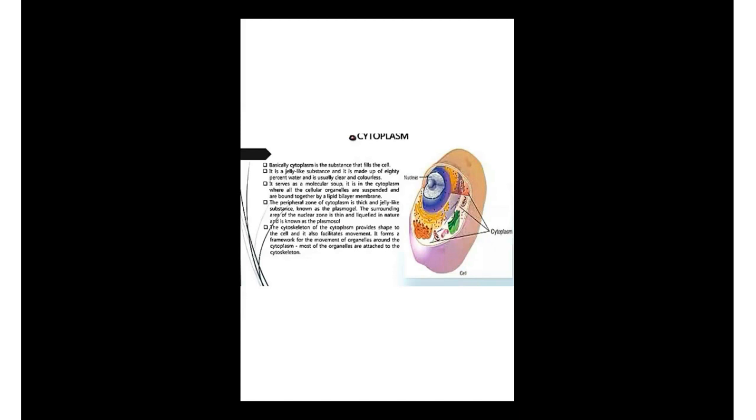In that jelly-like substance, different small organelles will be there, and that jelly-like or watery substance is called cytoplasm. So this fills the cell. If anything provides a cushion effect or fluffy effect to the cell, it is basically the cytoplasm providing that.